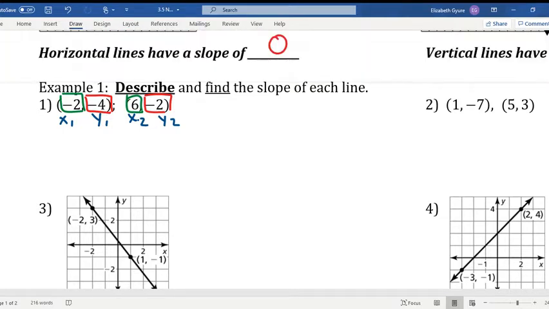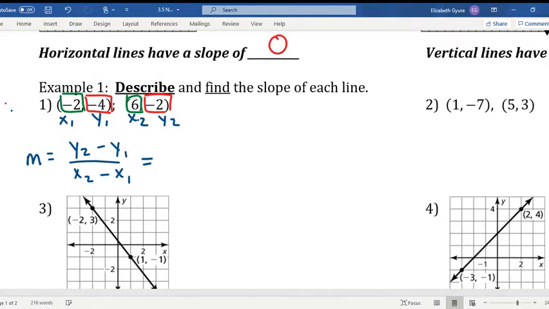I'm just going to keep writing it so that it hopefully sticks in our brains. Our formula is m equals y2 minus y1 over x2 minus x1. So we need to put our y's on the top, right? Y2 first, minus sign, and then y1.